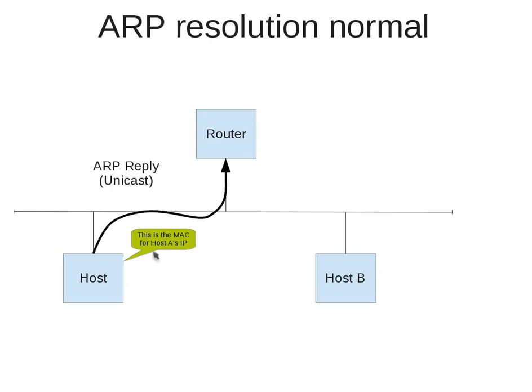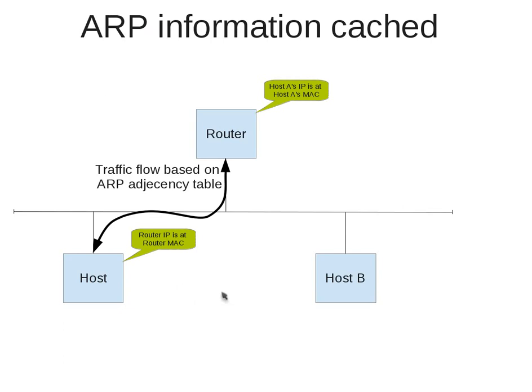In usual cases, the host that owns this IP responds back to the router using Ethernet unicast with an ARP reply, saying what the MAC address is for host A's IP. The information is cached and the traffic then flows using this Ethernet information from one IP node to the other.